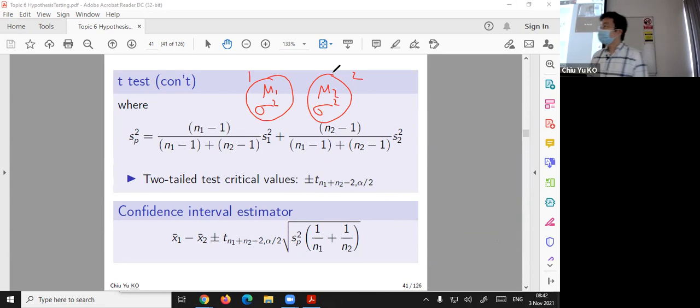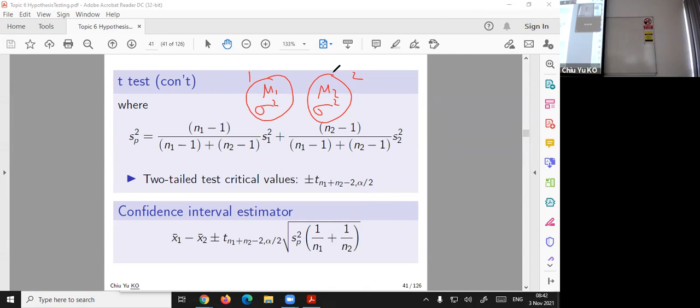So remember when you compute the sample variance, S1 from the sample from the first population, S1 square is already a good estimator for sigma square. The sample variance you obtain from sample 1 is a good estimator for the population variance, because it's just one sample.